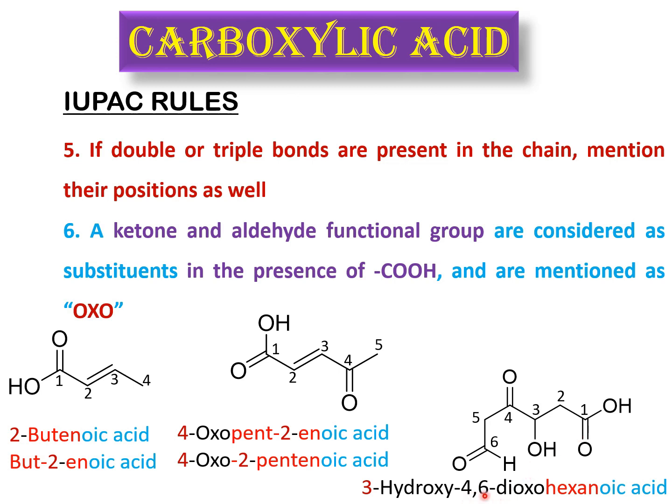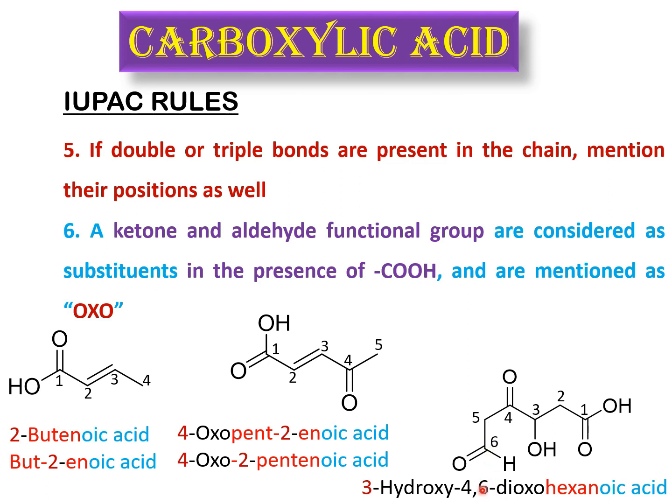If we have a molecule like 2,4-dioxohexanoic acid, so 2 and 4 both come in the middle of these 6 carbon atoms. So both of them would be ketone. In that case, one of the oxo would be here and the other here. So both of them would be ketones. But if one of these oxo groups is at the terminal carbon, and how would you know it's a terminal carbon?